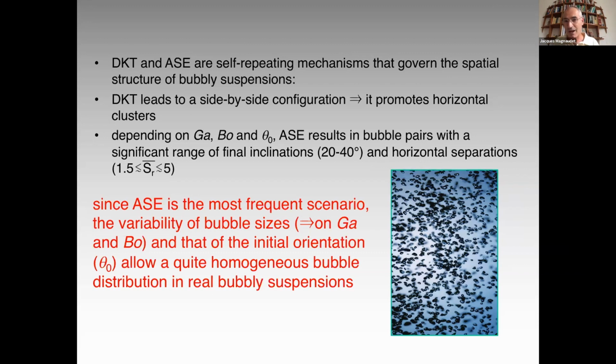And since this scenario is by far the most frequent, especially because there is a non-zero initial inclination in all real suspensions, this scenario favors a much more homogeneous distribution of bubbles in a real bubbly suspension compared to what would happen with a pure DKT scenario.